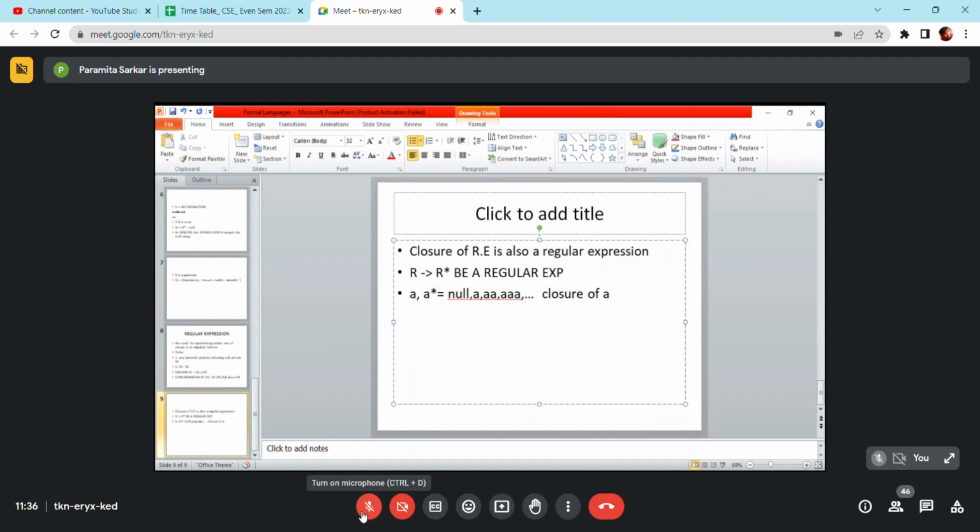Now next one. So this is rule number 4. Yesterday I told you three rules. Now the fifth rule is that the regular expressions over the set of inputs are precisely those obtained recursively by the application of the above rules.